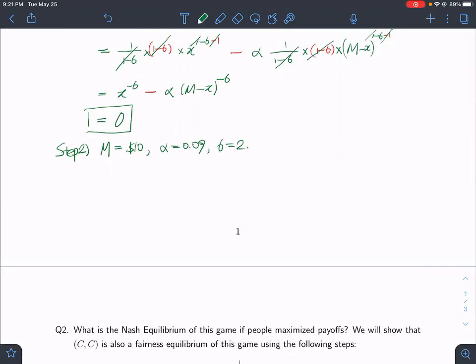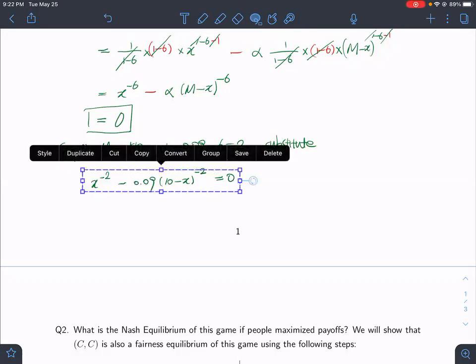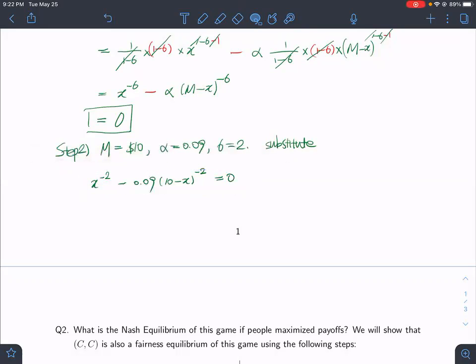Okay. So substitute the values on the left. Then we have x minus 2 minus 0.09, 10 minus x power to 2 equals to 0. It's the same as, copy, paste.